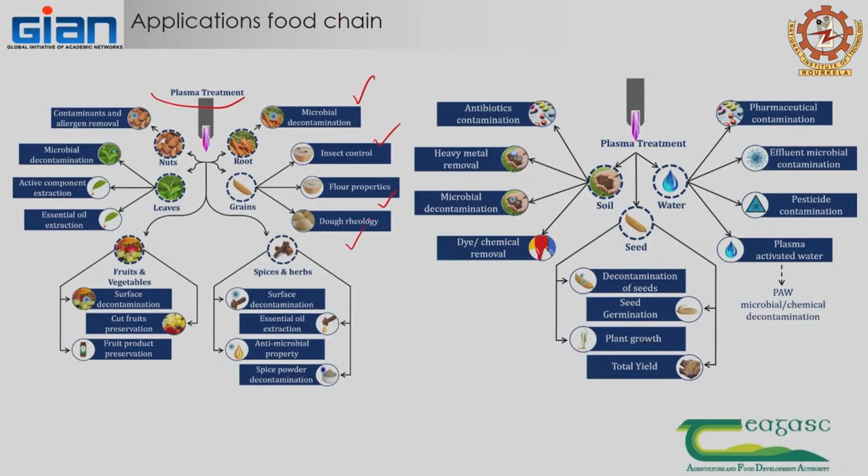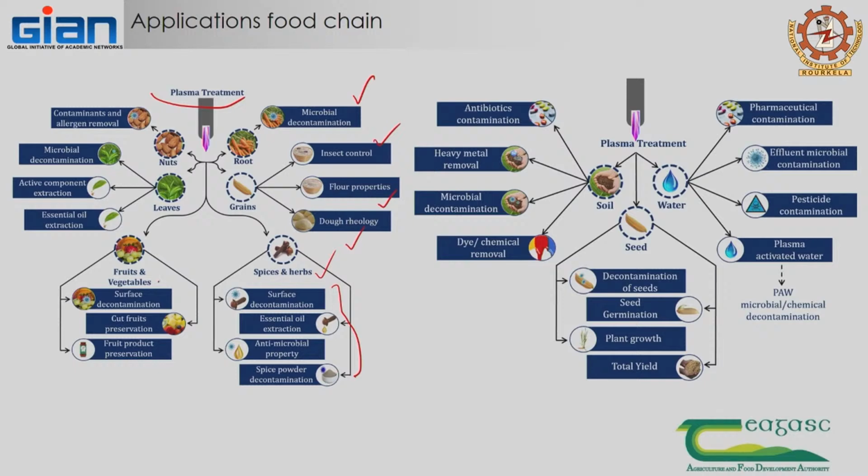Again, dough rheology, spices and herbs is an important application here, because the majority of herbs and spices are processed at very low temperature. You do not use a high amount of heat. If you use a high amount of heat, they will not have flavor or their bioactive content is reduced. So, if you give a plasma treatment along with low temperature drying, you are able to get rid of microorganisms along with it.